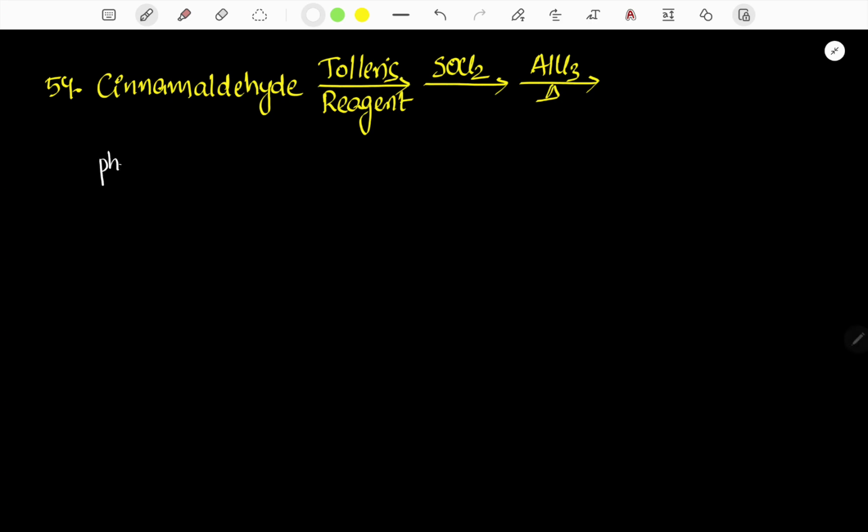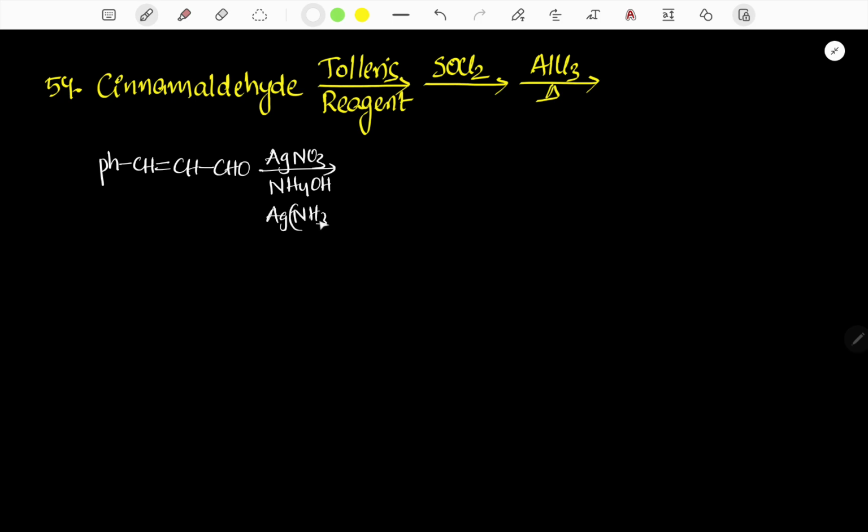Cinnamaldehyde. Cinnamaldehyde is Ph-CH=CH-CHO. It is just cinnamaldehyde. Cinnamaldehyde is treated with Tollens reagent, AgNO3 and NH4OH. Otherwise, we can also write Ag(NH3)2 plus.